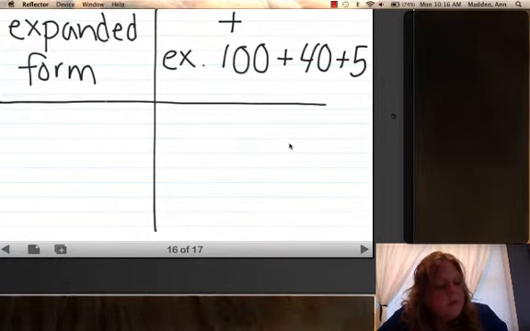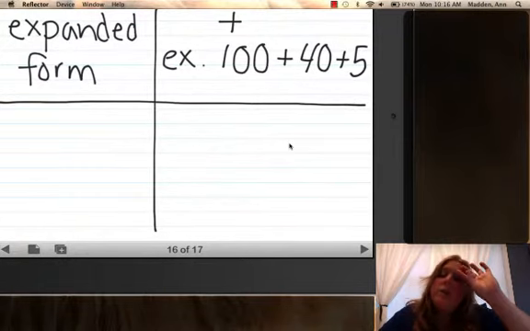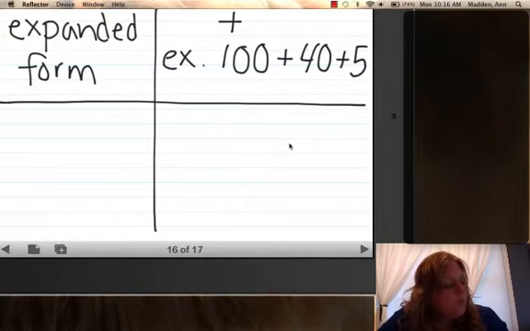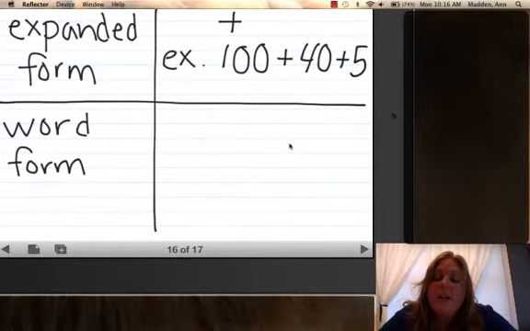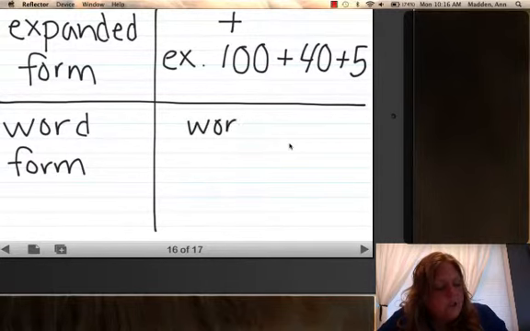I draw a line. And our last little bit that I do want you to remember is our word form. This simply tells you it should be in words. I'm going to write that just to remind myself.